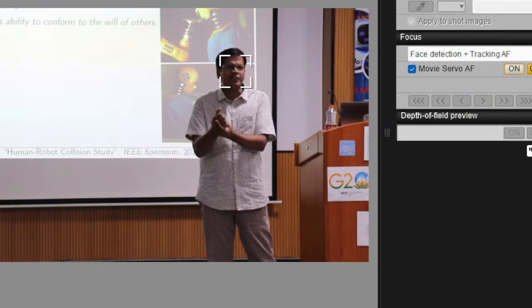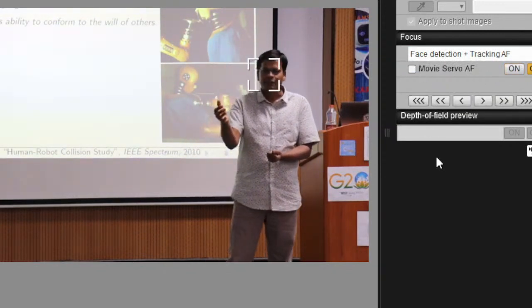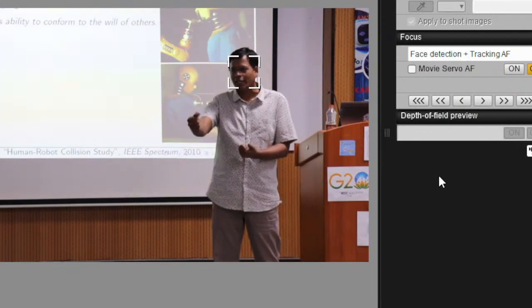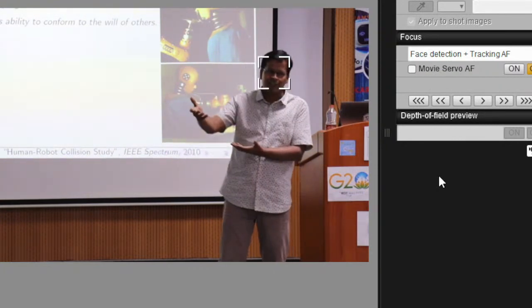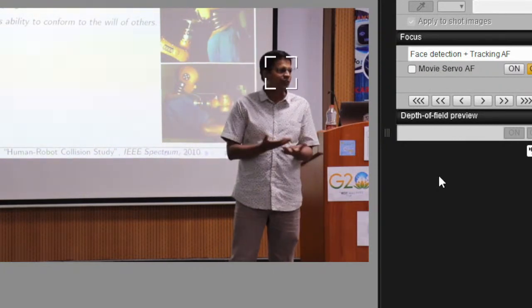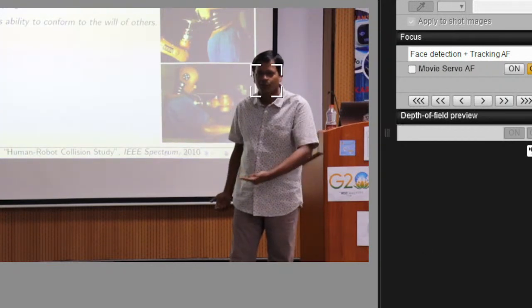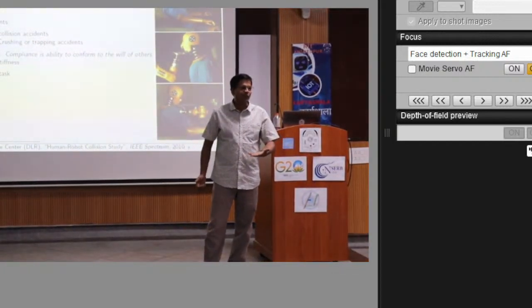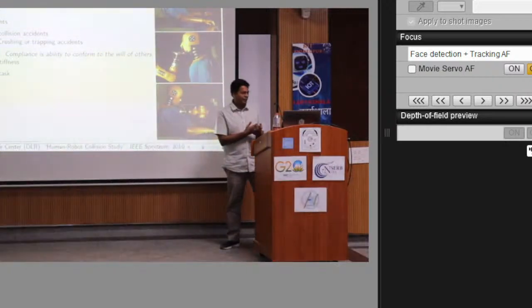You are compliant enough to take any inaccuracy in that circle. Any inaccuracy is taken up by your compliance, and you just allow yourself to go in a particular direction, not necessarily in a circle. Ultimately, you achieve what you want. Opening a drawer is similar. You don't know the straight line equation in your own coordinate frame, but you are able to open the drawer. So those are some of the applications where such robots are quite helpful.